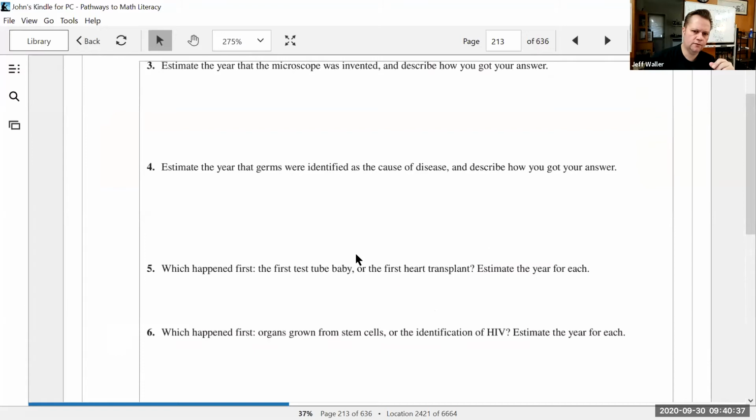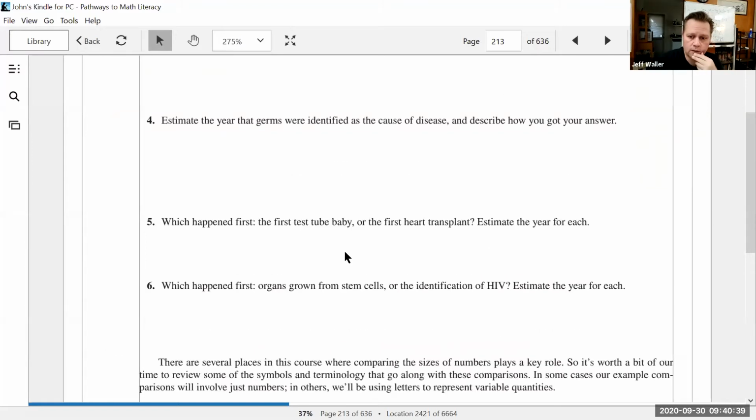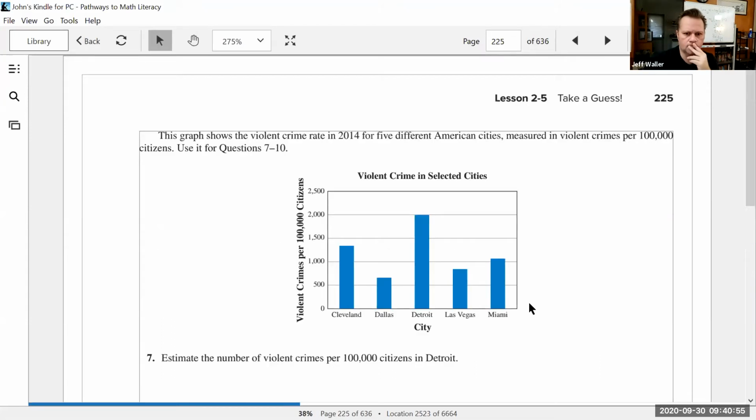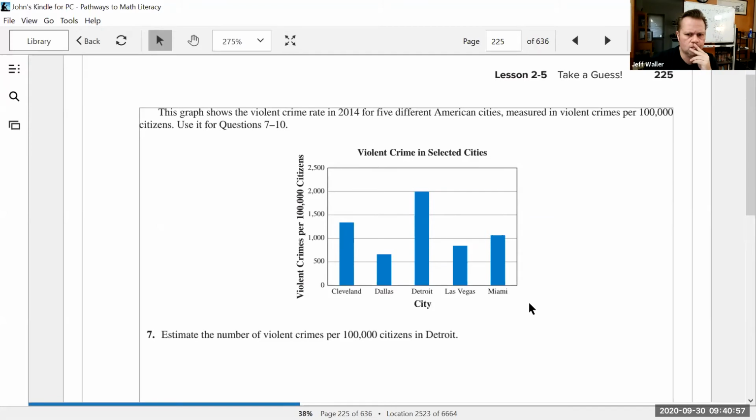I have a question about homework number 7 on page 225. Could you explain what the question is asking, because of the chart and the 100,000 citizens? That is what this tells you. If you read this, it tells you the violent crimes per 100,000 citizens.